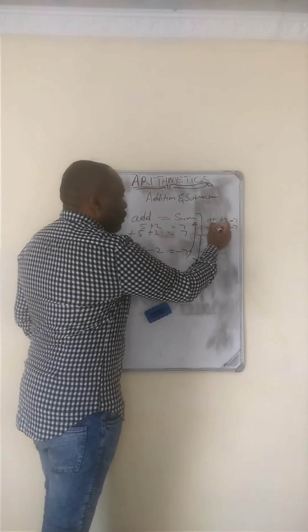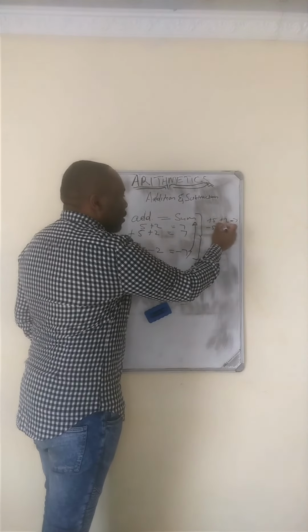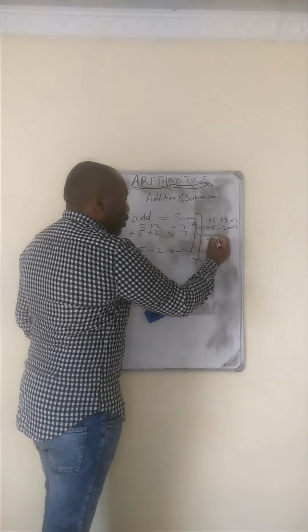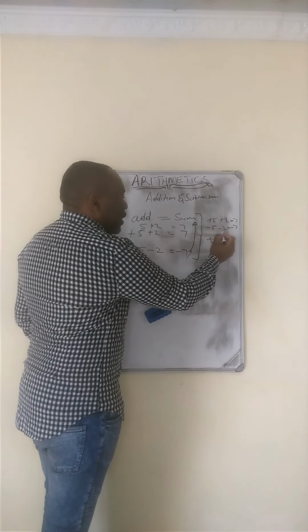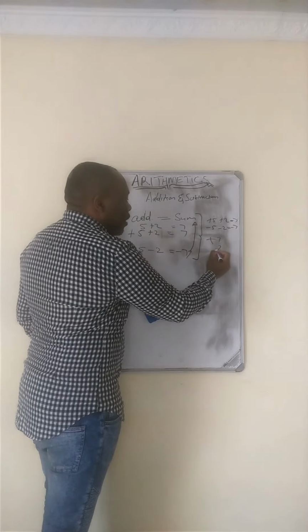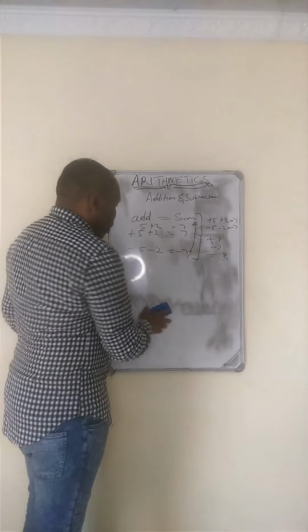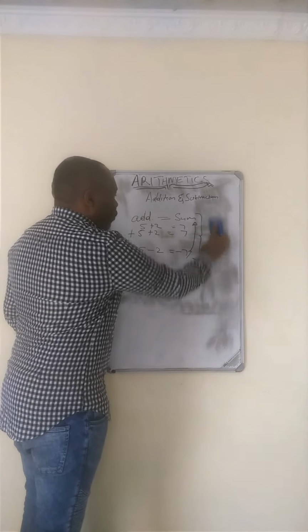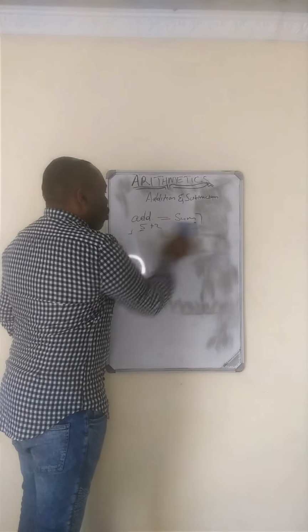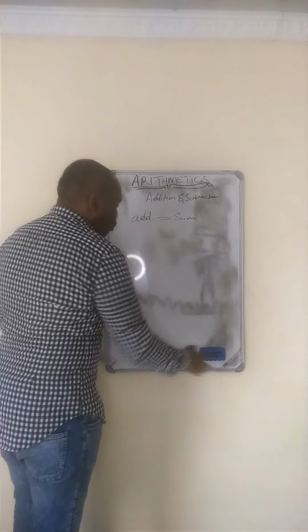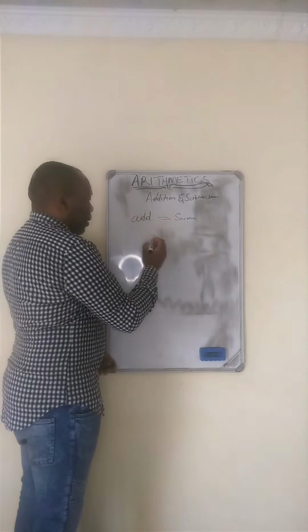Just that this side, we take the sign, because they are both positive, this one becomes positive. And we take a sign because they are both negative, this one is a -7. That is what we are doing here. So I thought I should quickly explain that before it causes any confusion or shows that I don't know what I'm talking about. No, believe you me, I do know what I'm talking about.